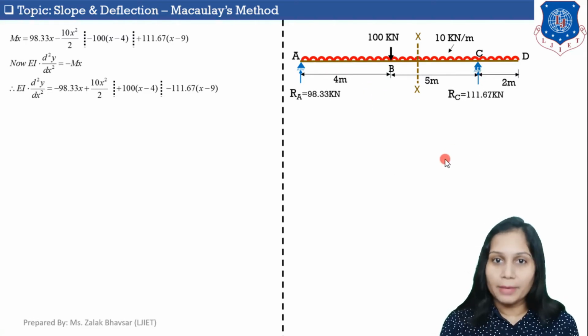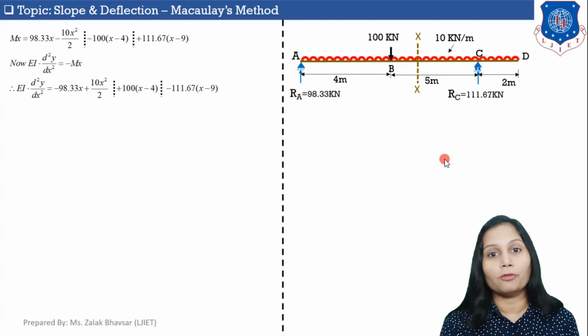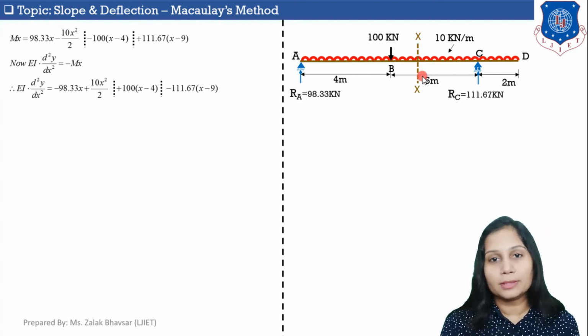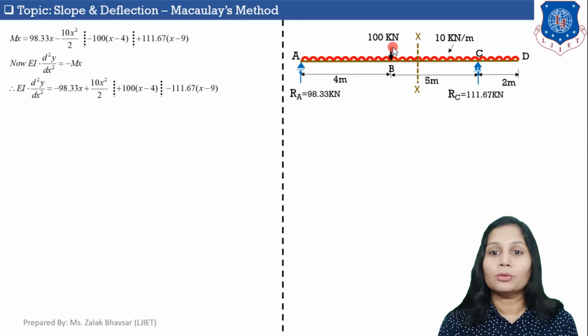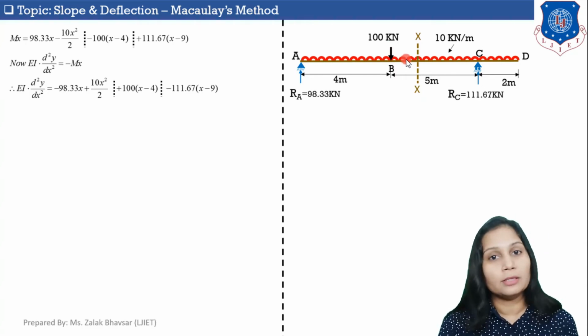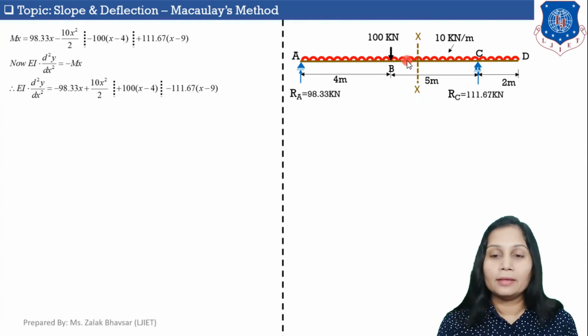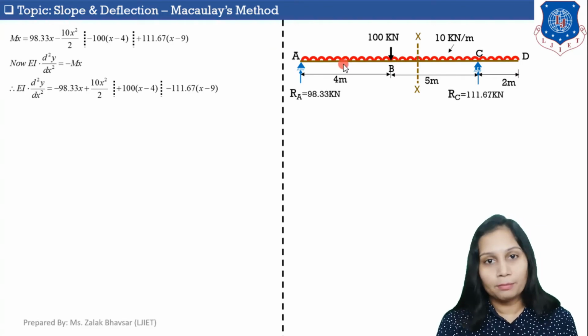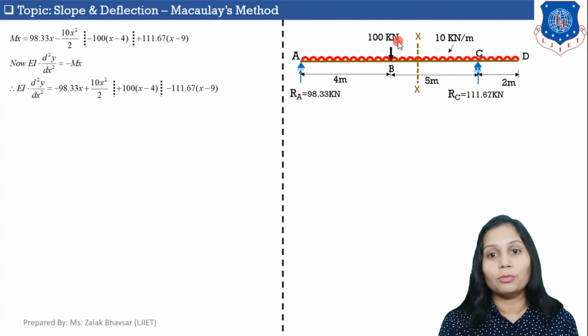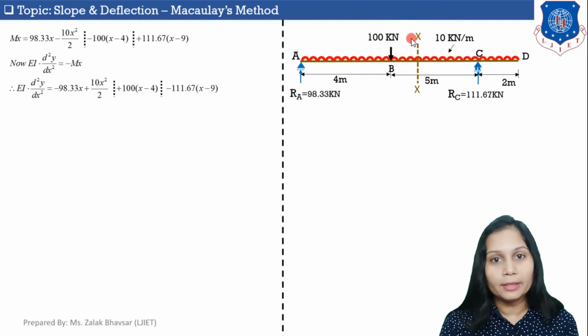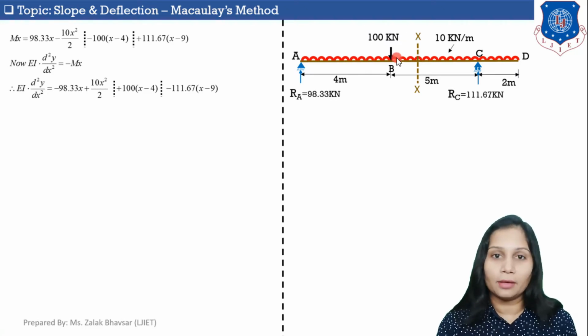Now let's take section at a distance x meter from point A at second part of the beam, which is BC, and calculate moment of part BC about this section line XX. So moment of this UDL is already calculated in part AB. Now in part BC, only this 100 kilonewton point load will generate a moment.